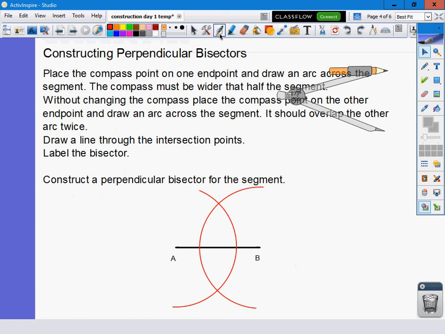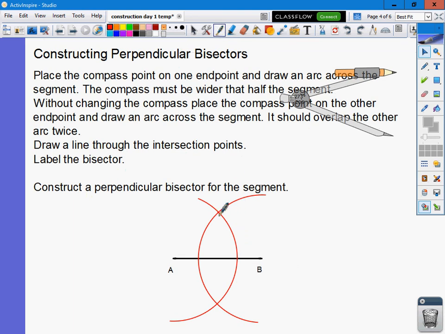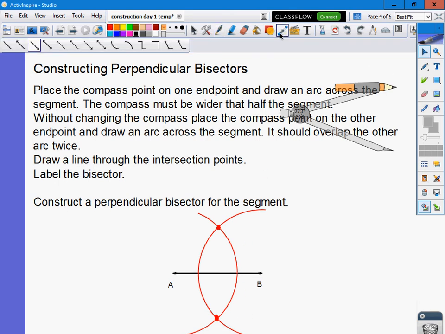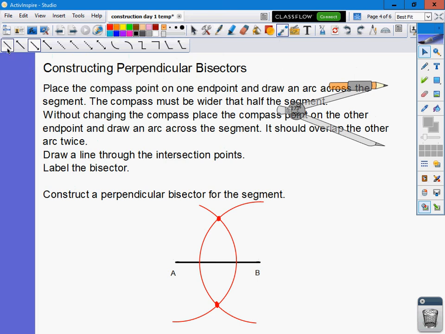This identifies 2 points. The point of intersection here and the point of intersection here. Take your straight edge and connect those 2 points.